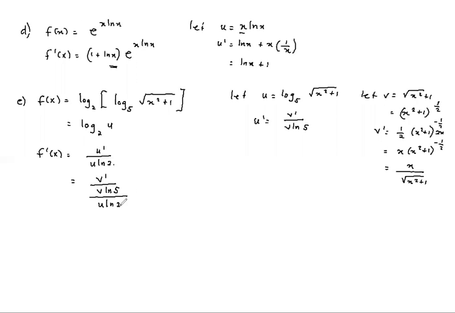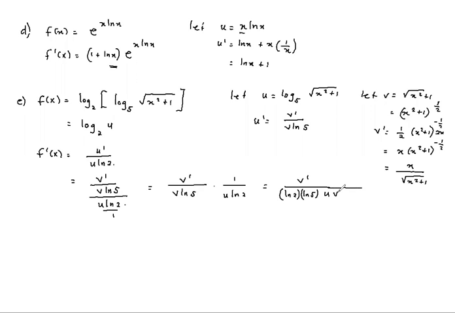Now before we make any substitution here, shall we write this? This is the same as this part having a 1 underneath. So we have v prime over v ln 5 multiplied by 1 over u ln 2. So this can be written as v prime over ln 2 ln 5, and then uv.